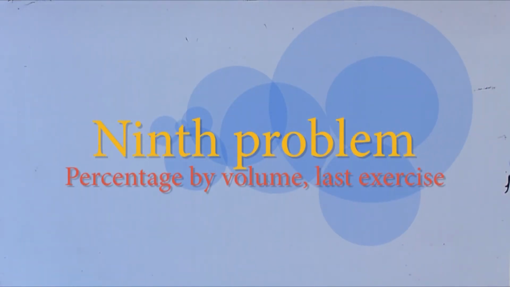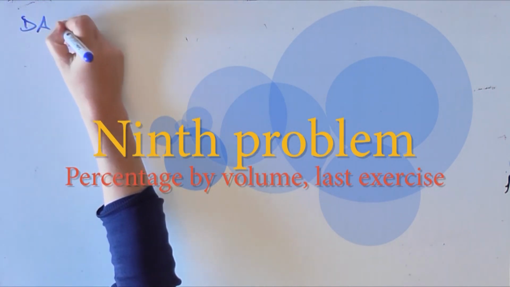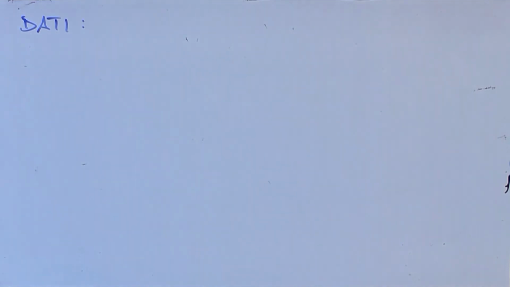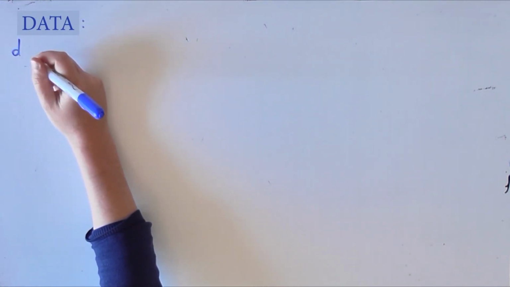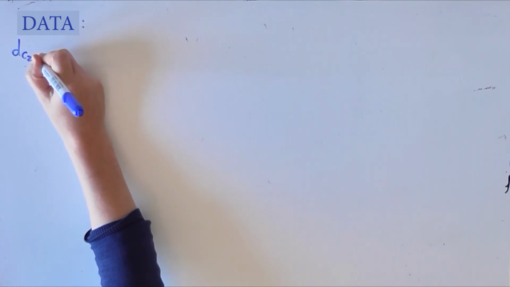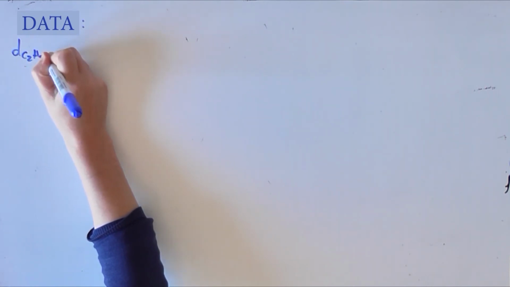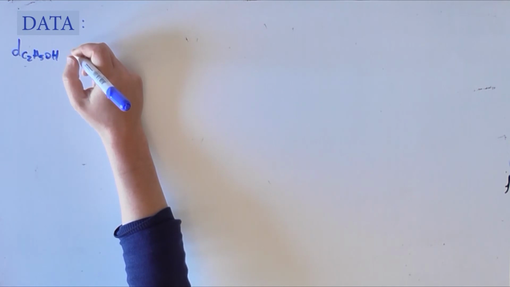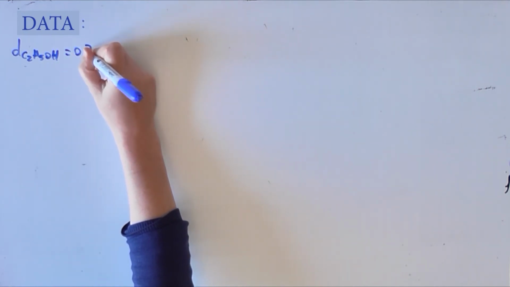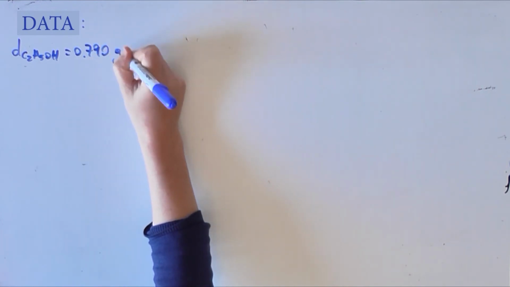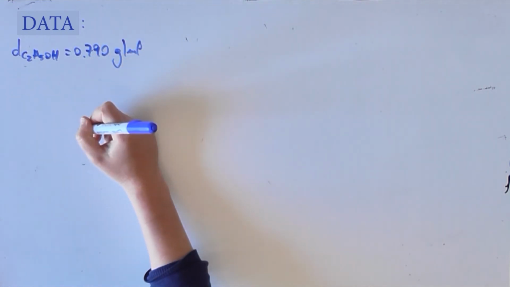Finally, we reached the last problem. So let's write again the data. We have the density, as first data, of pure ethanol, C2H5OH, which equals 0.790 grams per milliliter.